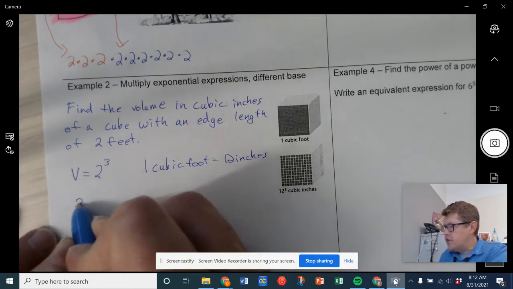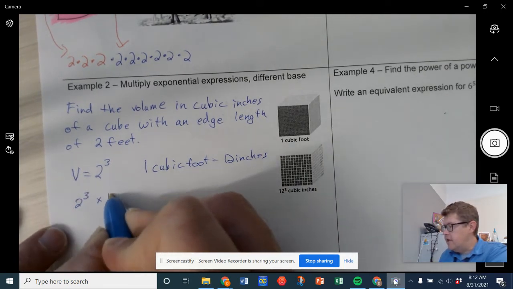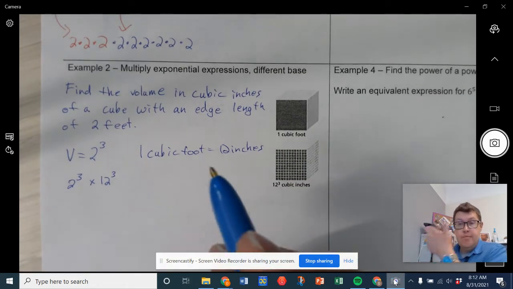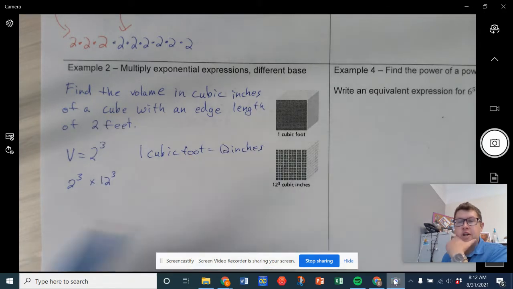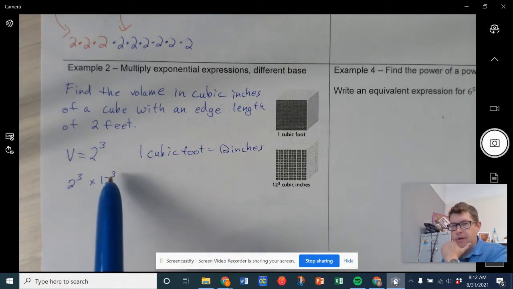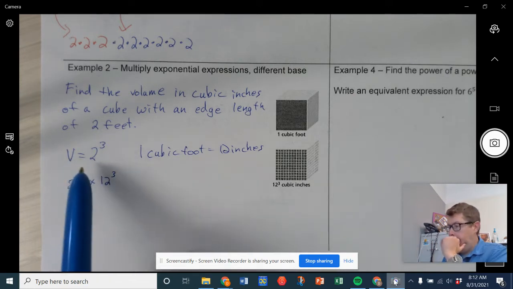We can take that 2 cubed and multiply it by the 12 cubed to convert it to inches, right? Because if you have 1 foot and you want to find out how many inches, you multiply by 12. So 1 foot times 12 is 12 inches. So if you have 2 feet, we're multiplying by 12 inches to get it to inches, right? And since we're doing volume, we're cubing each one.